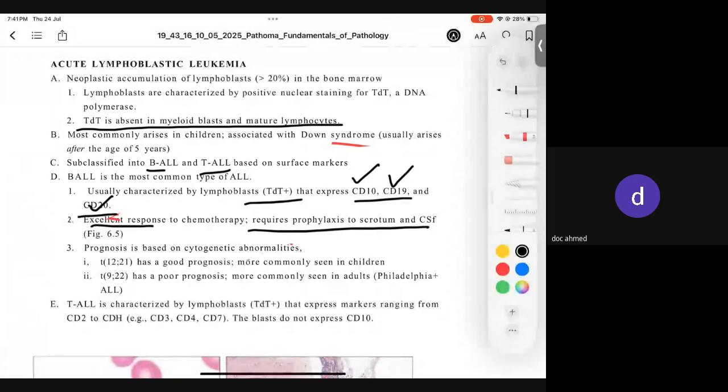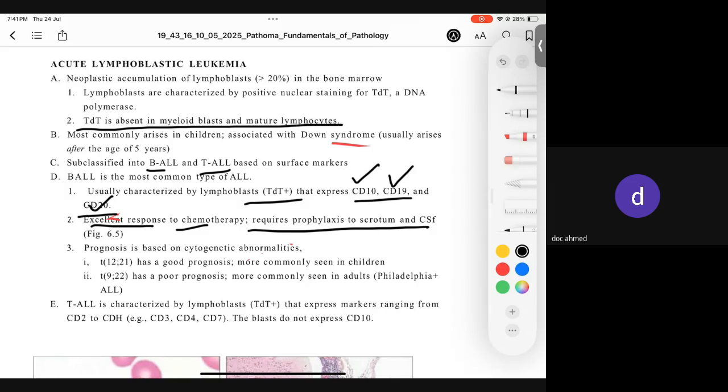Immune privilege means that immune cells cannot cross there, right? So if you get cancer there, chemotherapy cannot pass through that tight barrier. So you are going to give it separately in the CSF and the scrotum, because we have the blood-brain barrier, and in the testicle we have the blood-testicular barrier.